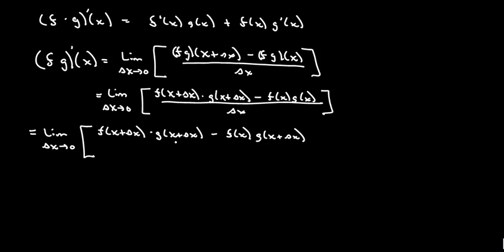So now I can factor out a g of x plus delta x out front, and you'll see in a second what I mean. Now I could have picked other things to do in here, but watch how this works. So I'm going to subtract it, and then I'm going to add it again. So I haven't changed anything.